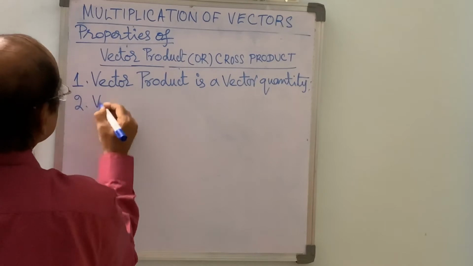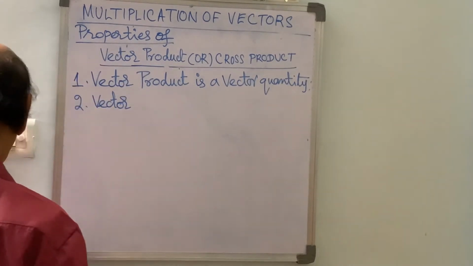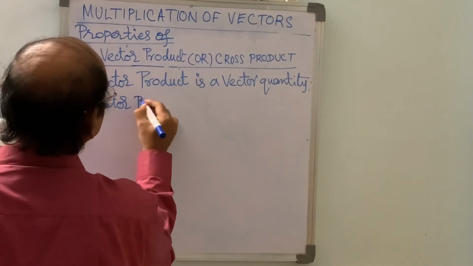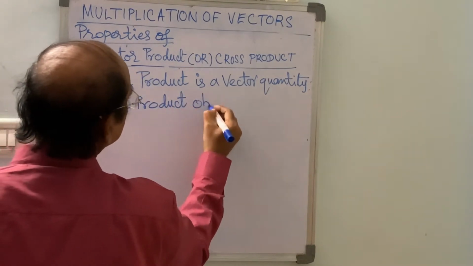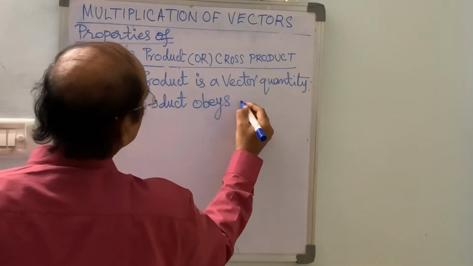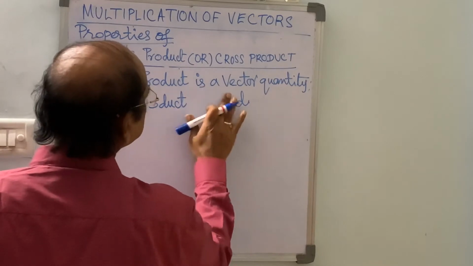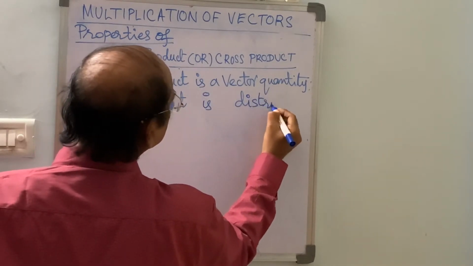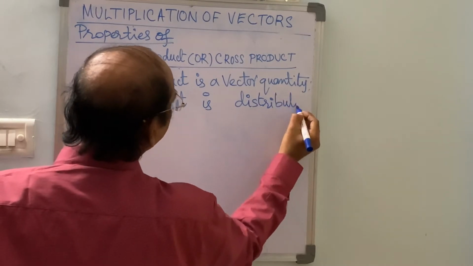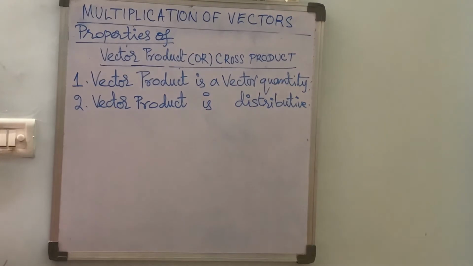Vector product obeys distributive law. Our vector product is distributive simply. Next, product obeys distributive law.